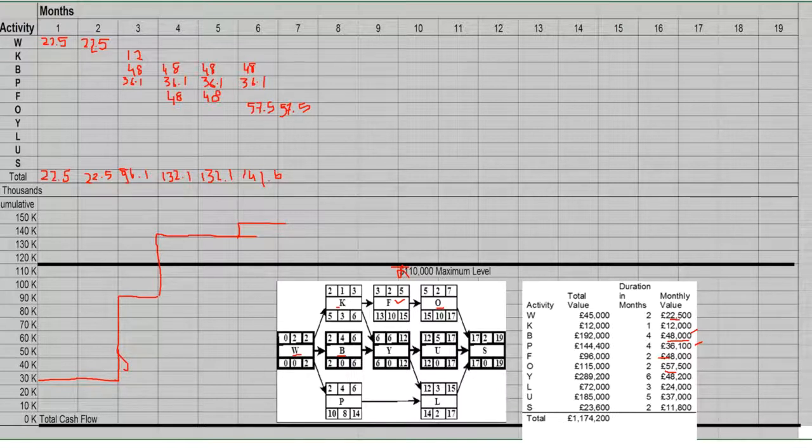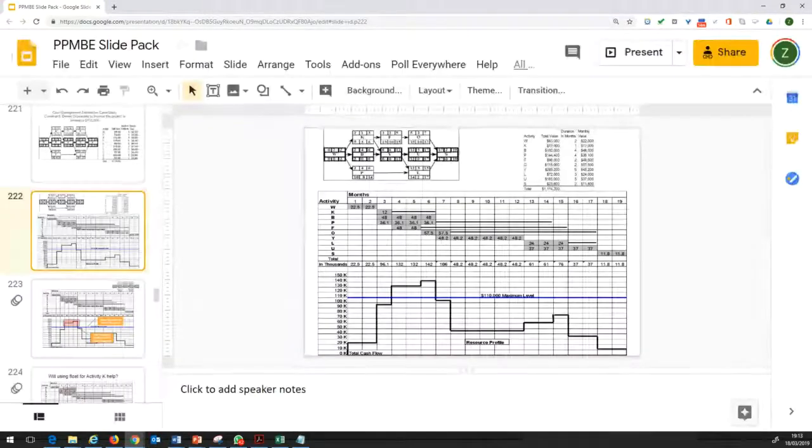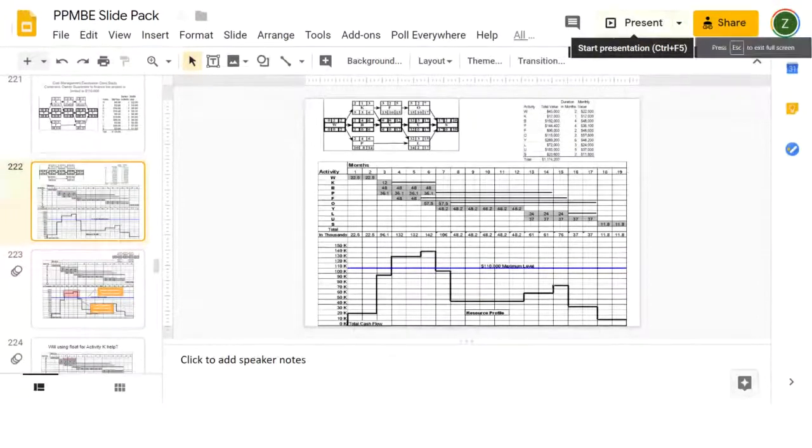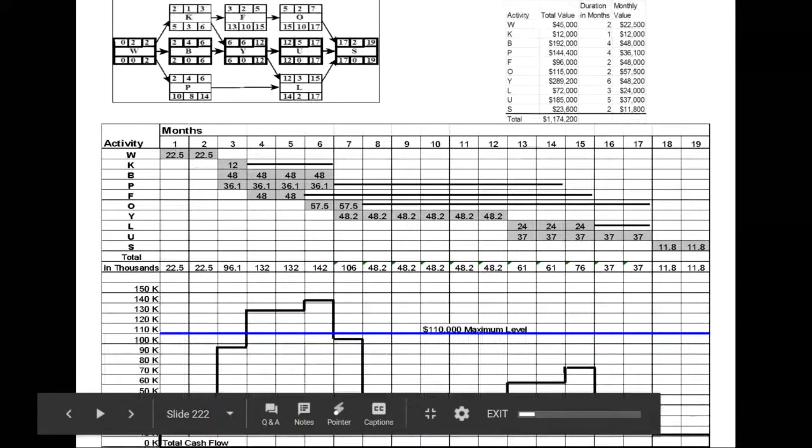Right, so as we have got a limited time, I will jump to a nearly completed solution, and so once you completed it, your cost histogram could look somewhere like this.